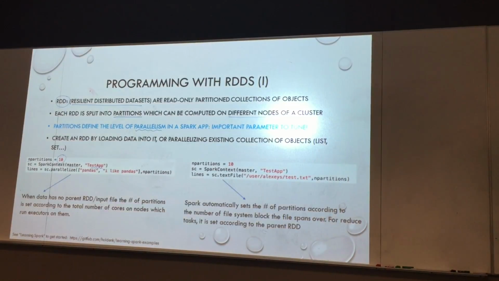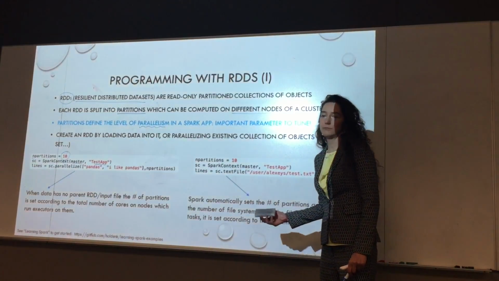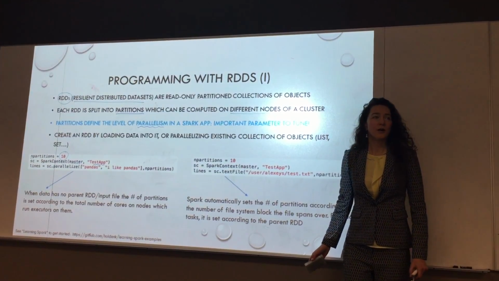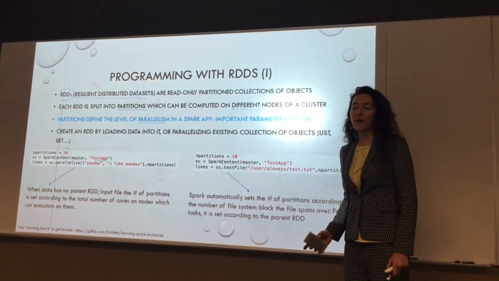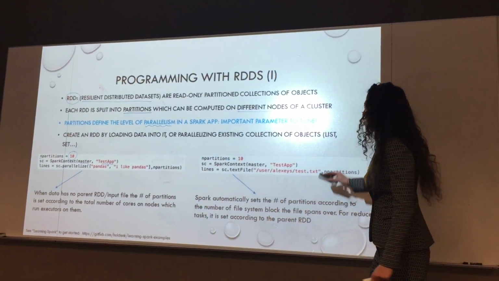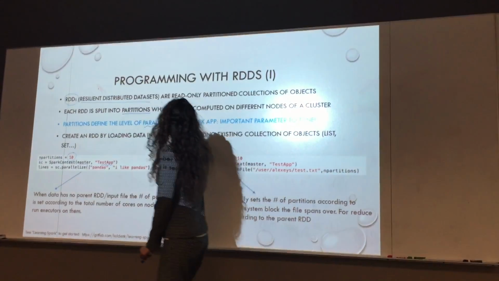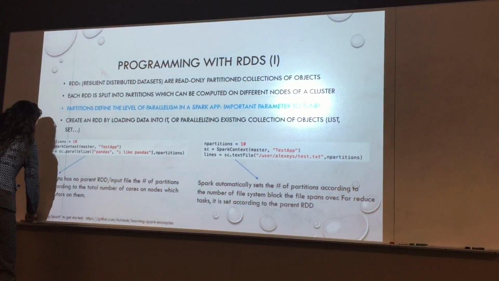So let's say the data is huge, and if the file block is 64 megabytes, then it will create one partition for every 64 megabytes of data. If we don't want that, we can specify how many we want to have.